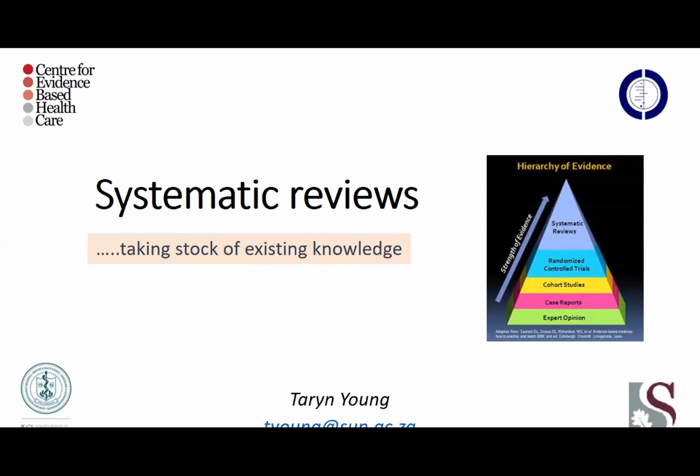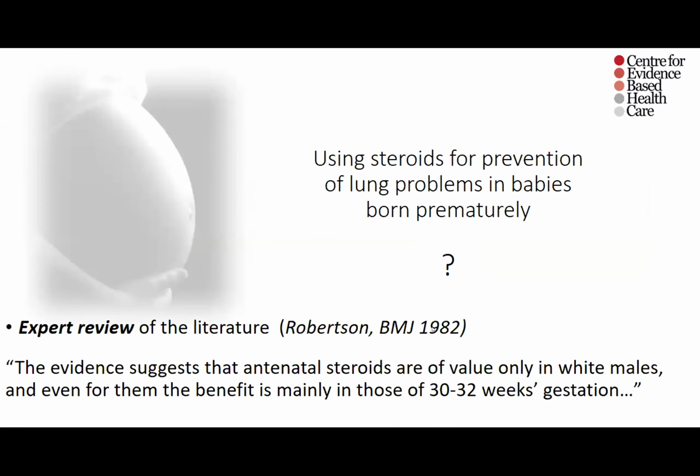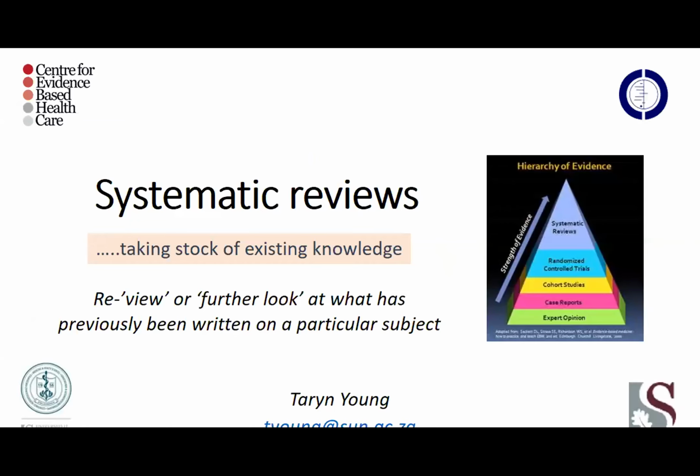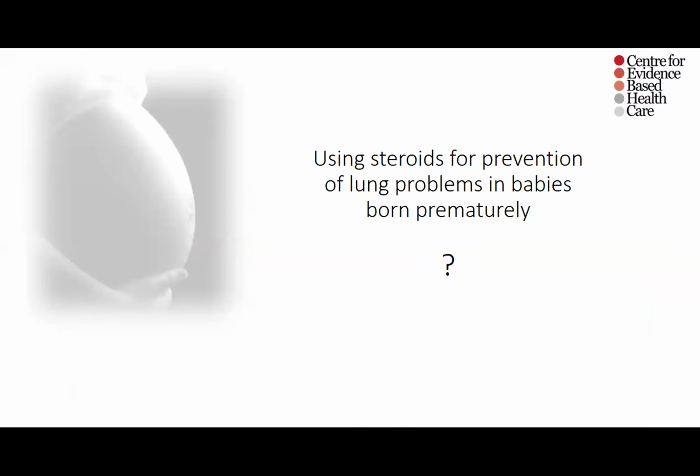When we're talking about reviews, sorry, my slides moved a bit fast. So when you're talking about reviews, another way of referring to it is that it's a relook or a further look at what has been happening or what has been written in the past. So I want to share with you one scenario linked to pregnancy.